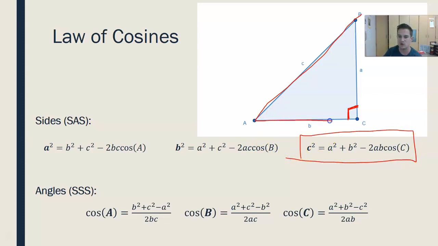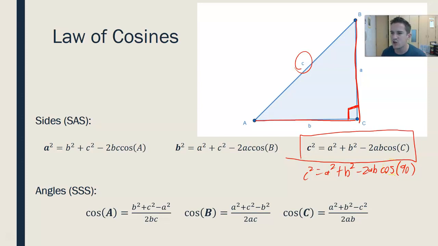Say I knew side A and side B, and I know angle C is 90 degrees. Say I was trying to look for side C. Then C squared would be equal to A squared plus B squared minus 2 times A times B times the cosine of C. Well, C is 90 degrees. Go ahead and type in your calculator or look at your unit circle.